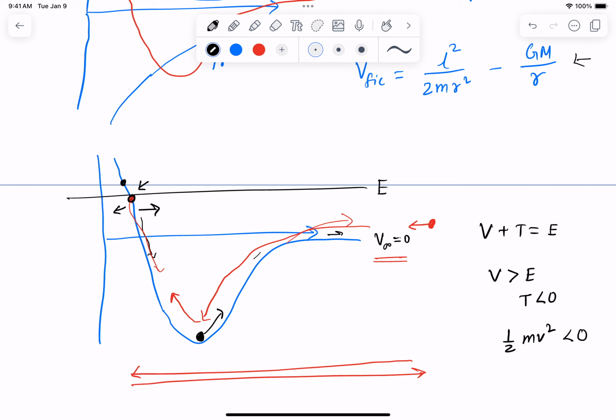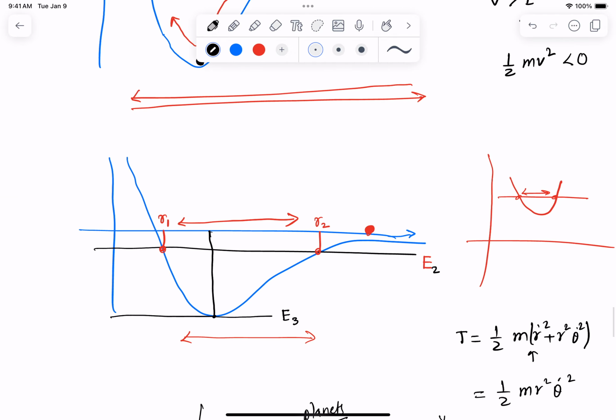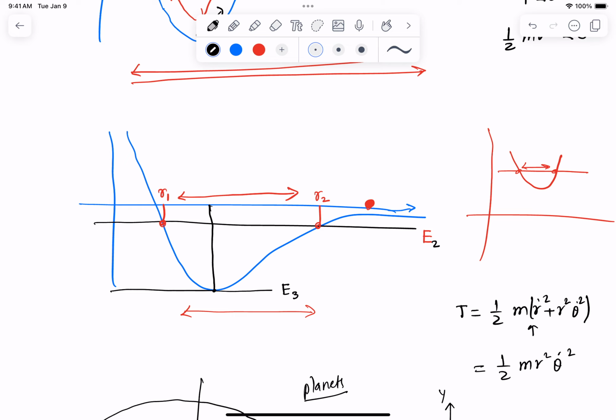If the energy is larger than the asymptotic value of the potential, then the object would be like a comet. It will come very close to the planet and then move away. If the energy is lower than V infinity, then the object will have bounded motion.